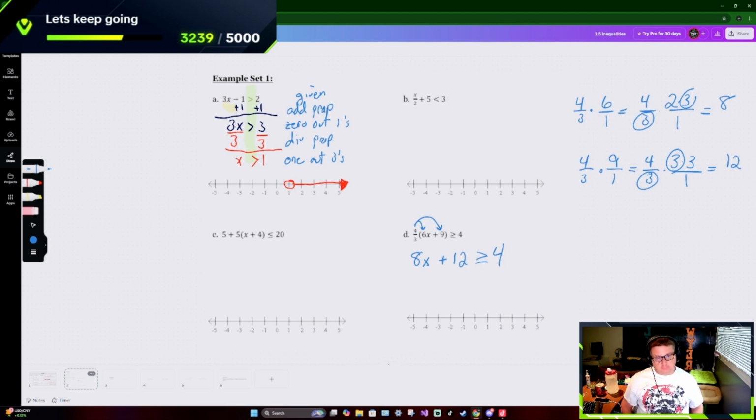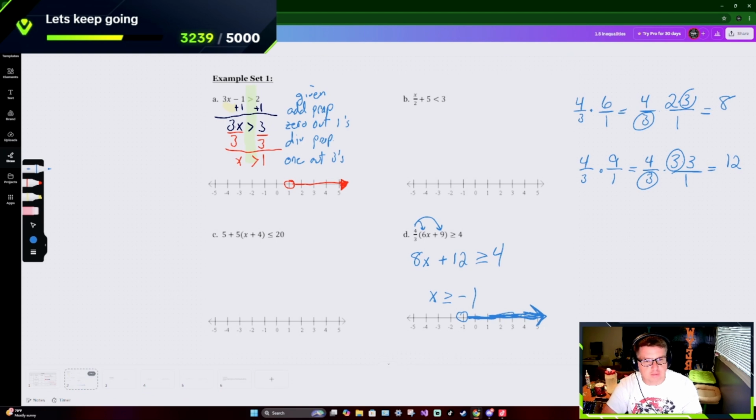Okay. Now we can underline, draw our line, finish solving that. And hopefully you get x is greater than or equal to some negative. Is that going to be negative 1? Because that's going to be negative 8 divided by, so this, and then point in that direction.